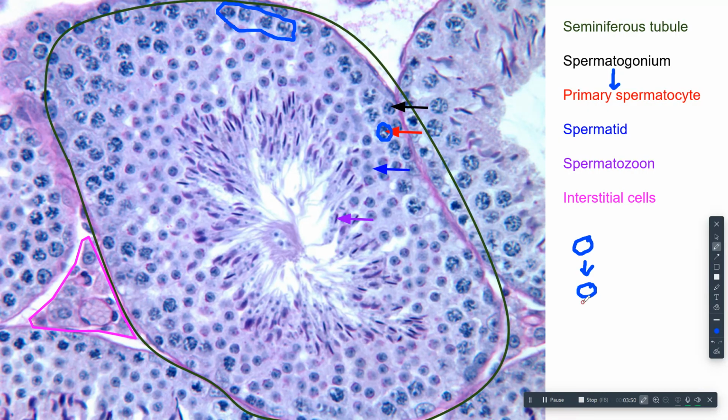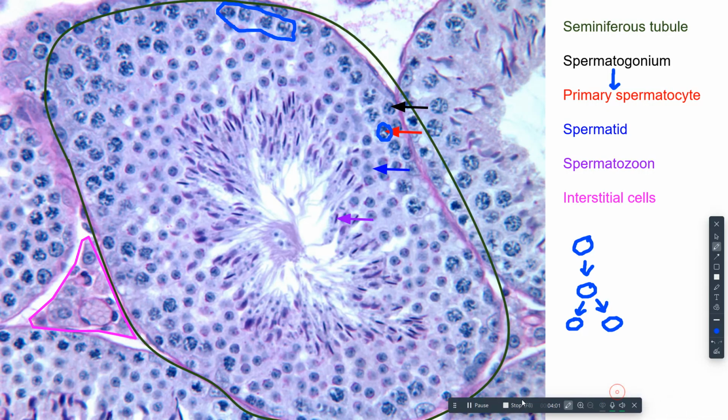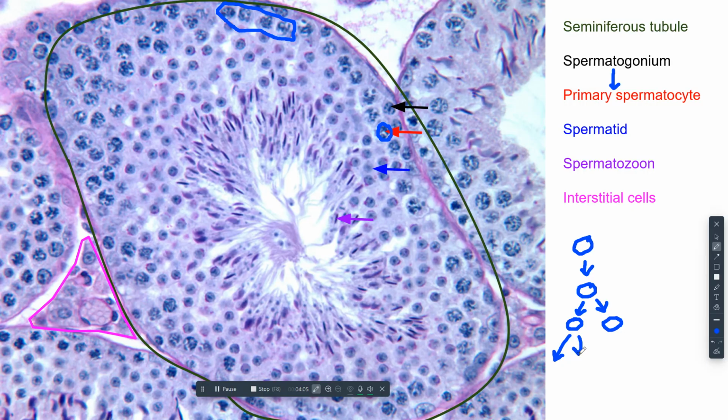Then a primary spermatocyte is going to divide. And when the primary spermatocyte divides, we get a pair of secondary spermatocytes. And then those secondary spermatocytes are going to divide, and we get two pair of these cells called spermatids. Spermatids don't divide.